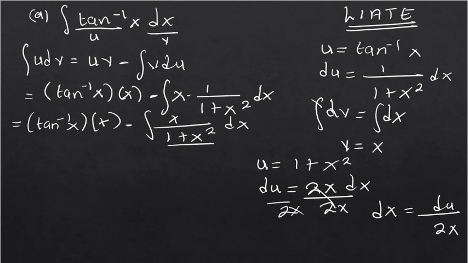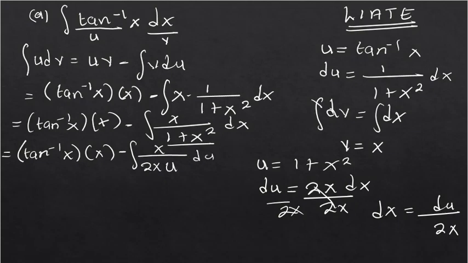I can do my replacement. So if I do my replacement, I'm going to have my tan inverse of x, and of course my x here, minus my x over 2x u du. Okay, so I just replace this particular expression.